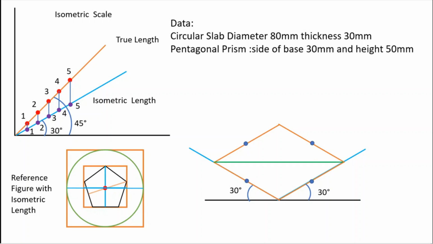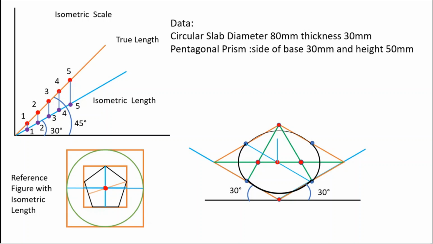Now I'll be using the 4 center method to find the circle. So within this rhombus, we get the circle using the 4 center method, and then we'll find the center of the rhombus. The center we'll locate by joining the midpoints of opposite sides and taking distance from the reference figure.